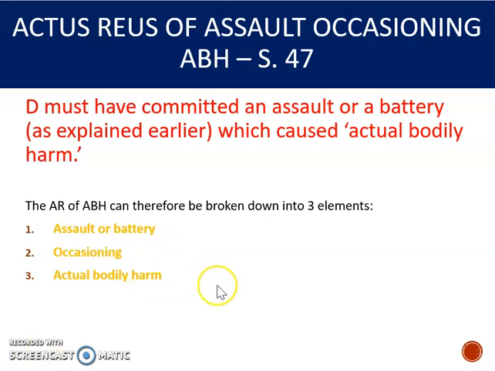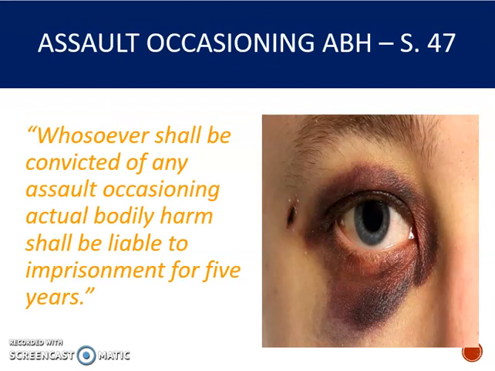So to give you an example of how this works, let's say I punch Chris in the face. If I punch him in the face, that's a battery because that's the application of unlawful force. If there was no injury on Chris, that would just be a battery. However, if I punch Chris in the face and I leave a bruise or I leave a black eye, that's an injury.